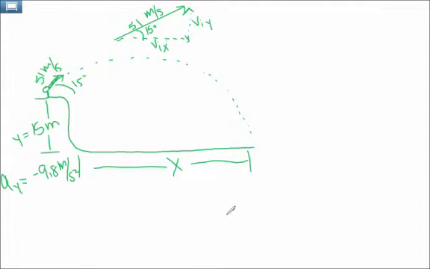We're looking for time. Do you even need V_iy? Because it's going to start going back down, isn't it? Yeah, it will go back down. But do you need V_iy, the initial velocity going upwards? There's an initial upward velocity, going at 15 degrees. Right. If it was horizontal, then V_iy would be 0.